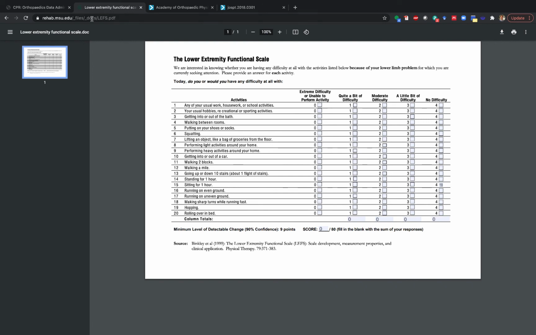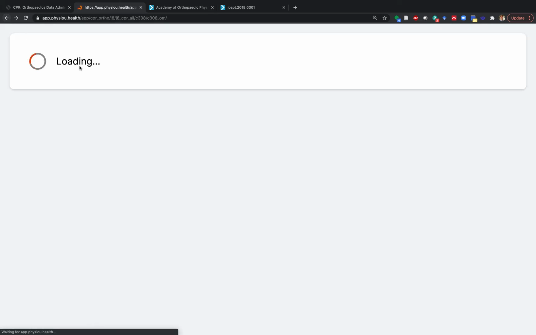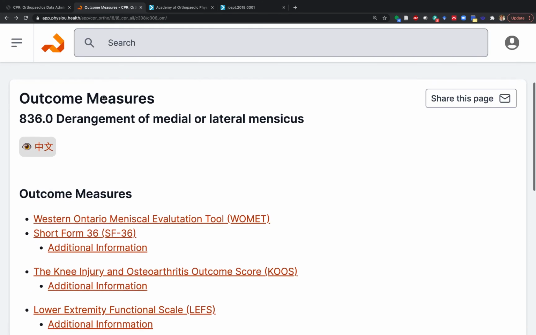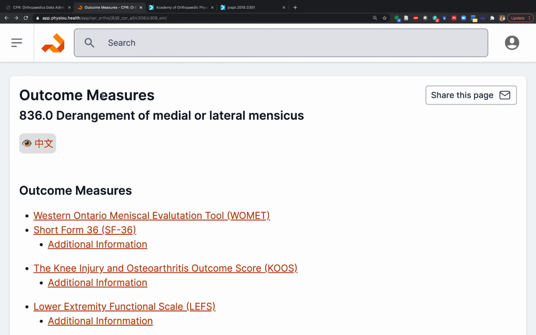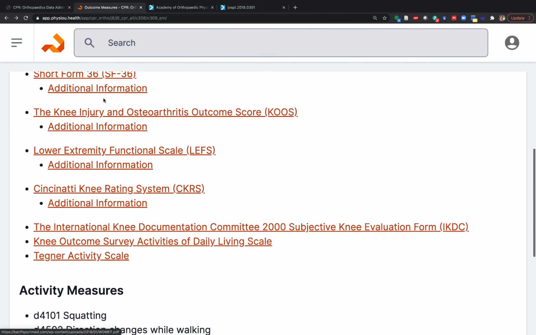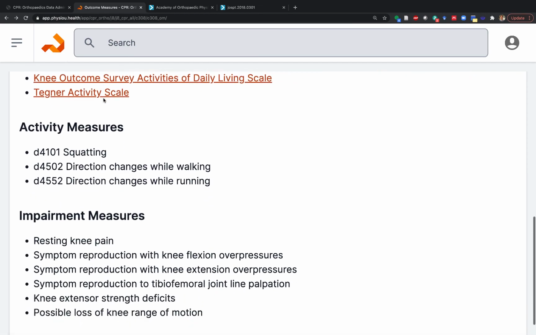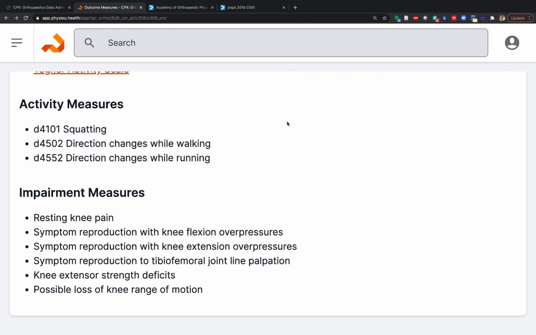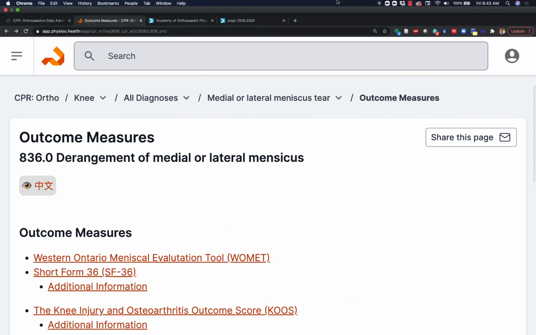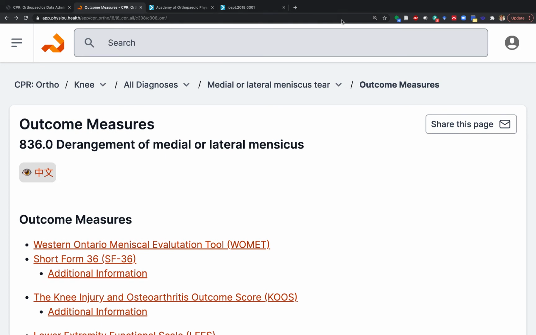Okay, so you're going to want to look at these and know which ones you want to use as a way to assess their disability at intake and then track their progress over time. So you have a number of these here. Okay. All right, so that is the end of meniscal injury.